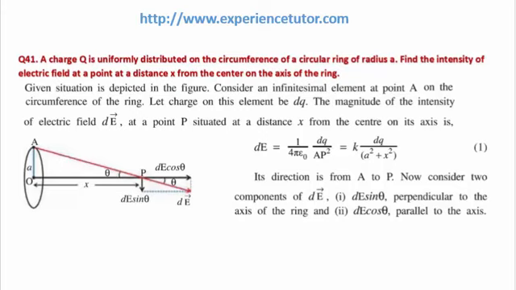The direction is from A to P. Now consider two components of dE: first, dE sin theta, perpendicular to the axis of the ring, and second, dE cos theta, parallel to the axis.